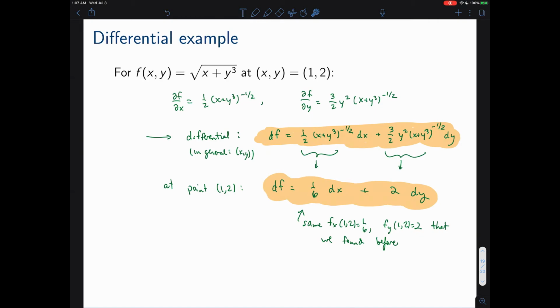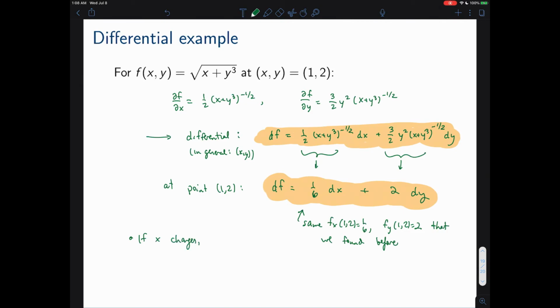Now what this is telling us, let's look at the second one at the specific point 1, 2, 1/6 dx plus 2 dy. What this is telling us is that if we have a change in x, then f would change 1/6 as much.